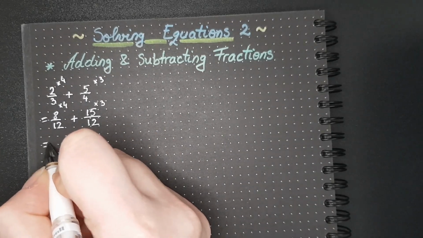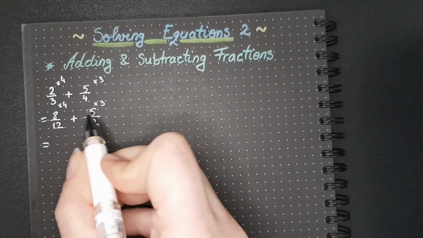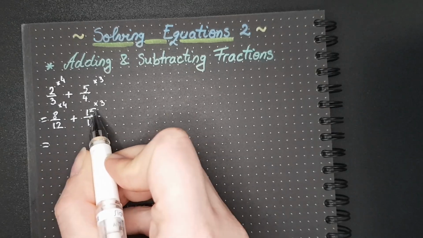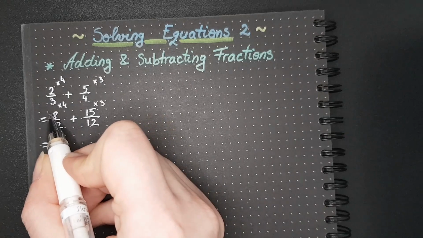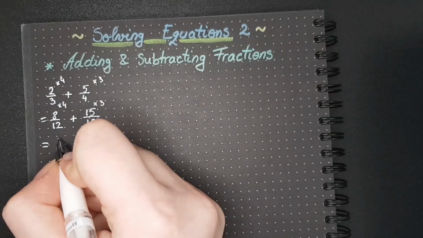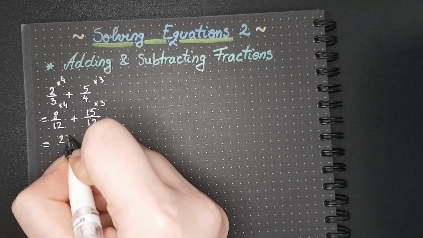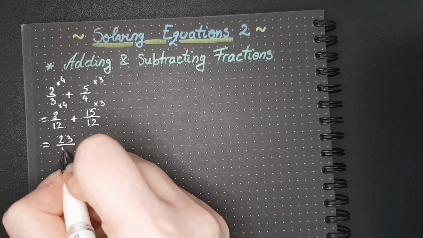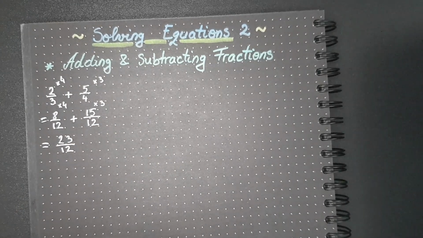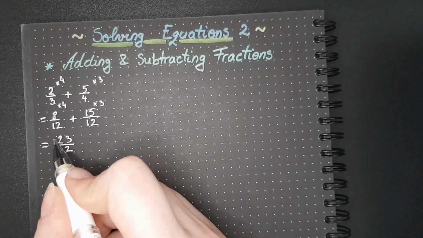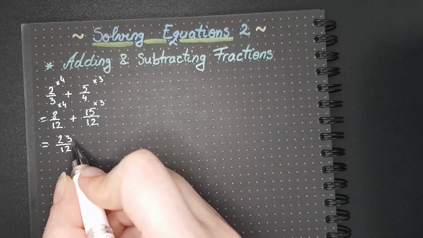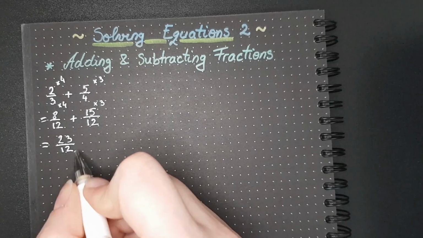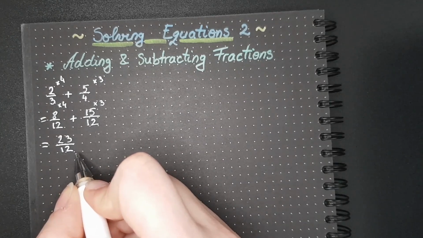So now the only thing I have to do is to add the numerators. So I'm adding just the top bits of the fraction. So I do 8 plus 15, that's 23 over 12. Now I need to look at this one and figure out, can I simplify it? That means, can I divide the numerator and denominator by the same number?